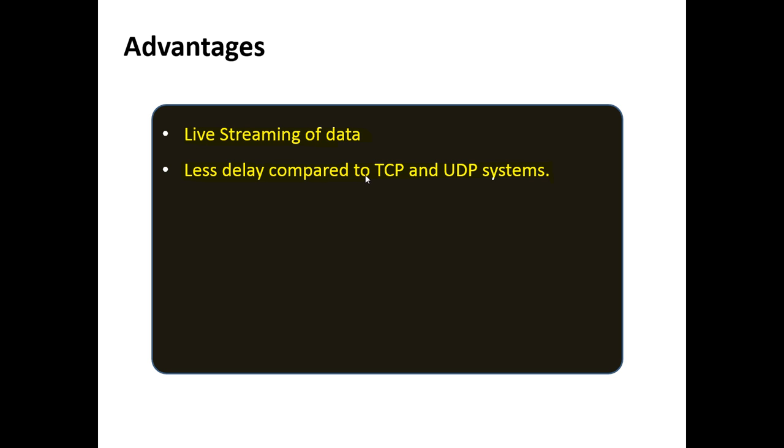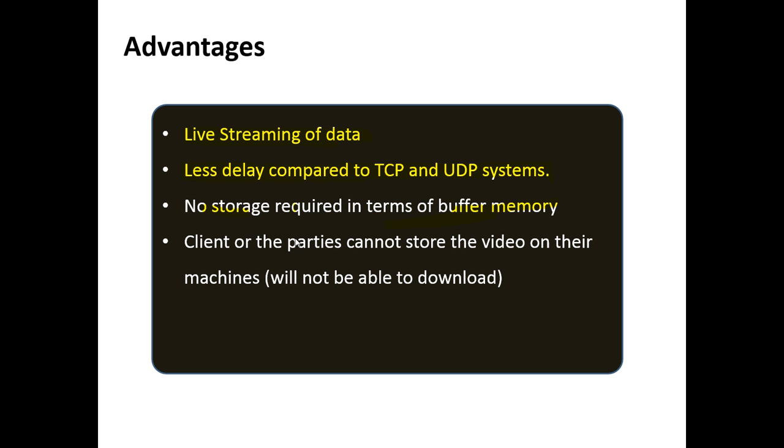That is what is required in live streaming video conferencing. No matter whether it is very high quality video or not, we need an on-time video. That is the whole agenda here. Of course we are not using any buffers, so no storage will be required. Most importantly, using RTP and RTSP, the clients cannot save the video on their machines, they will not be able to download the video. So it is also a kind of secure.